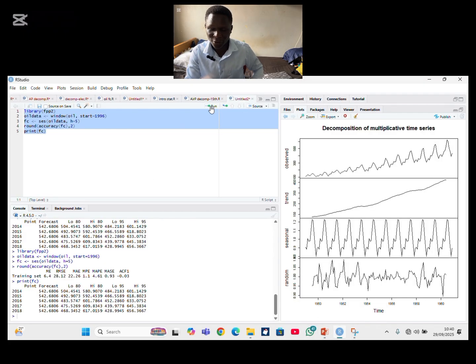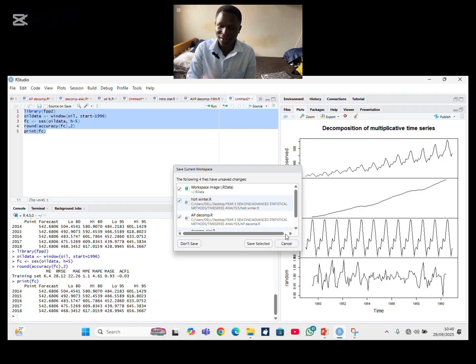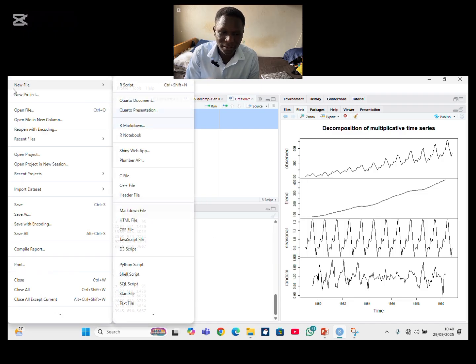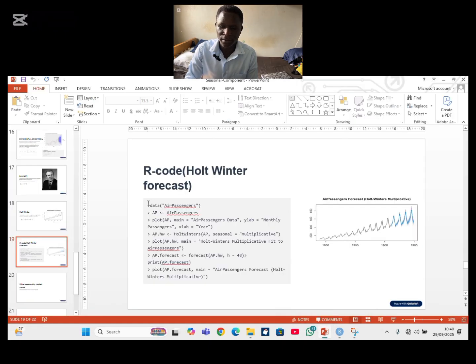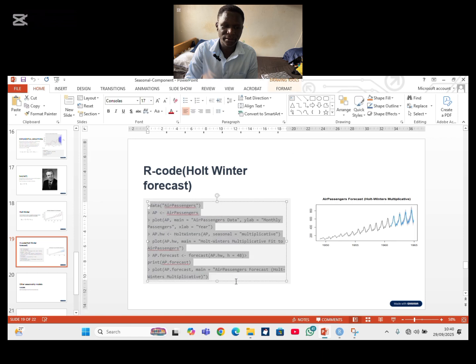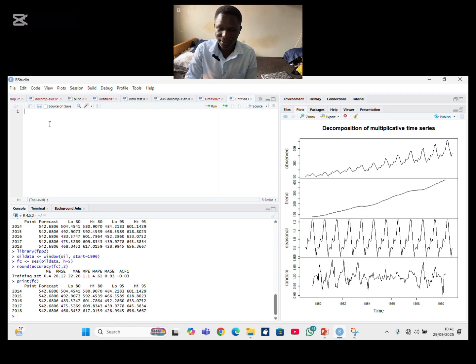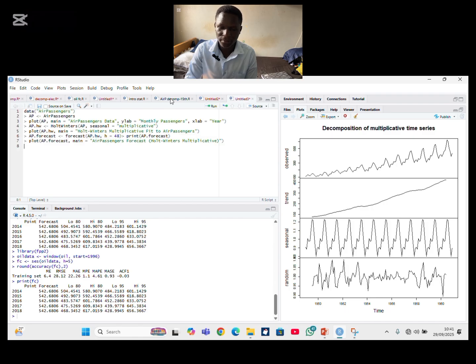Now, let us create here our new R script and try to model this. Too bad it is not running right away.